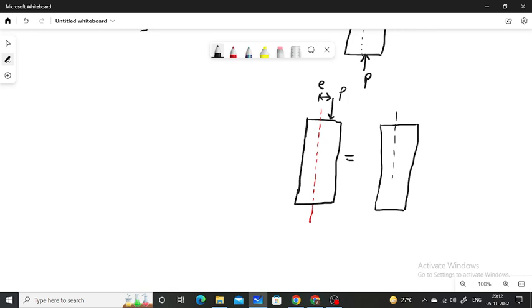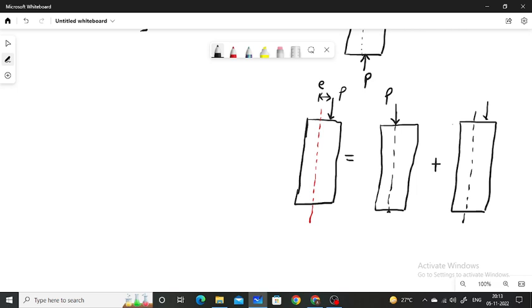First, direct stress, and second, bending stress induced due to the bending.